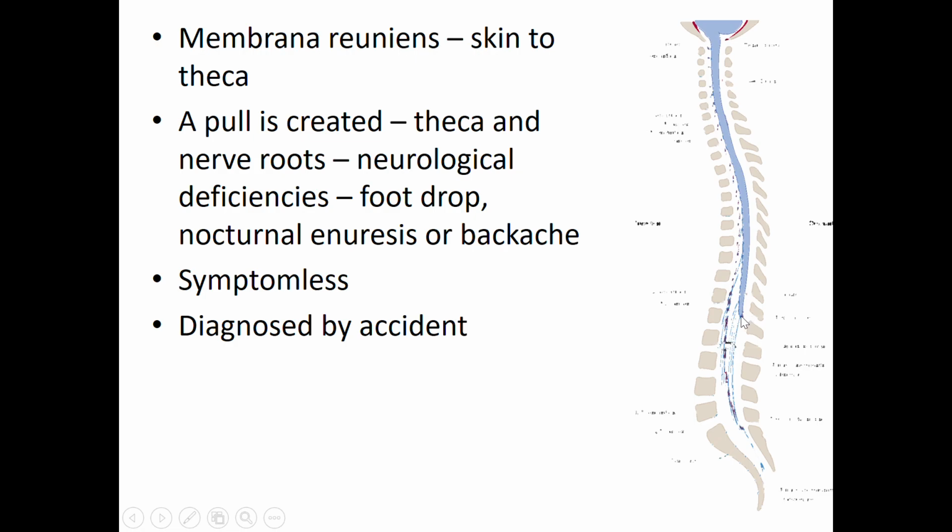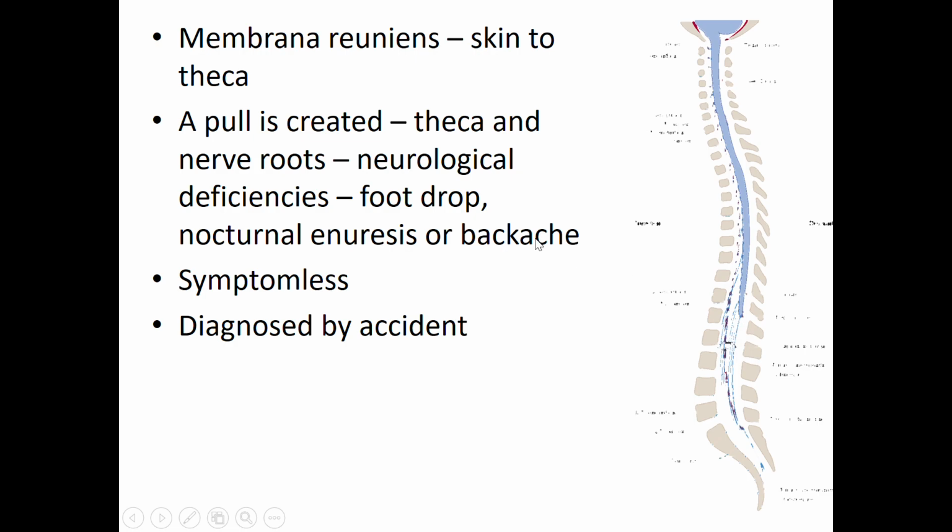So the spinal cord may reach the level of the first lumbar. As you can imagine, if there's a connection between the spinal cord and the vertebra, and the vertebra keeps growing while the spinal cord stops, it creates a pull. This is because of the membrana reunions attaching the spinal cord and the skin. The body keeps growing, but the spinal cord remains there, and this creates a pull.